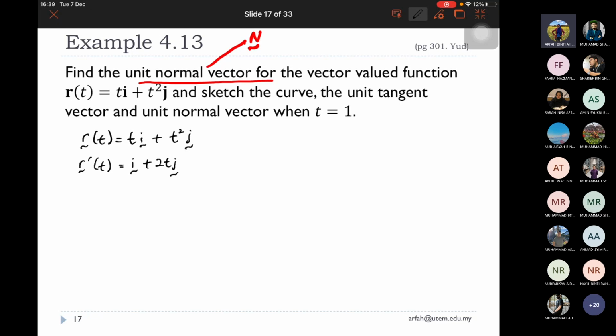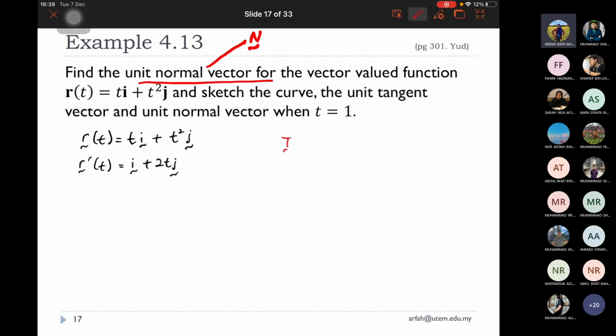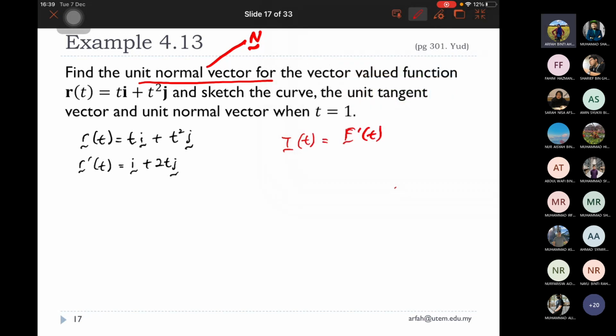So daripada sini that is r prime t. So kita tahu unit tangent vector dia punya formula T sama dengan, tadi dia adalah f, vektor f. Tapi memandangkan awak punya vektor adalah dalam sebutan r, boleh je lah f prime t divided by Euclidean length of f prime t. Okay, so kalau dalam kes ni awak gunakan r, so dia jadi r prime t divided by the Euclidean length of r prime t.